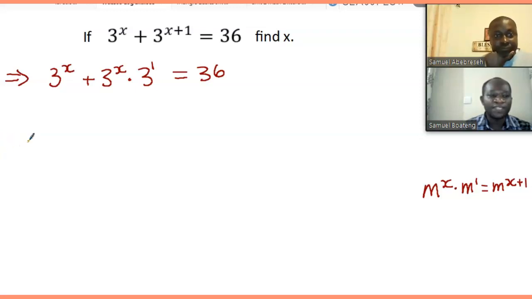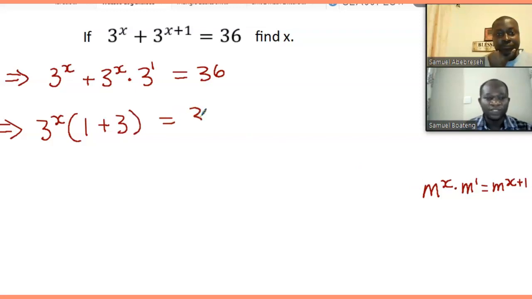So this implies that let's factorize 3 raised to the power x. Bracket open. So it will be left with 1 here plus 3 here equal to 36.